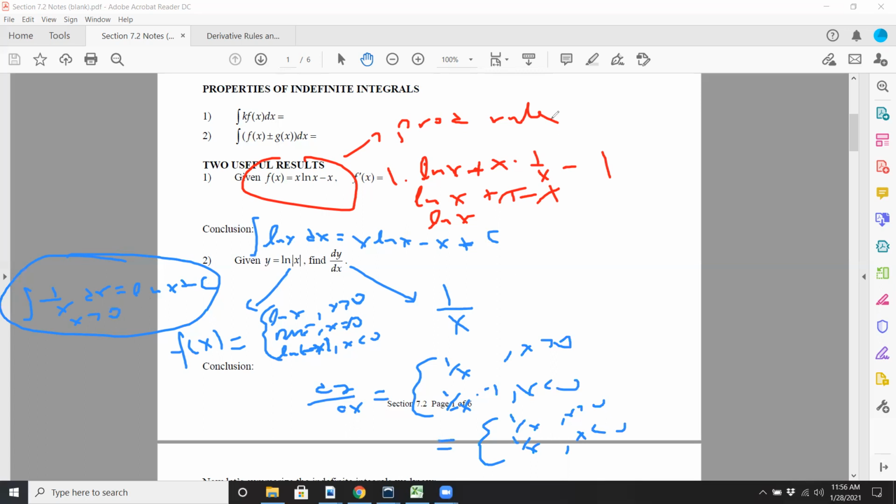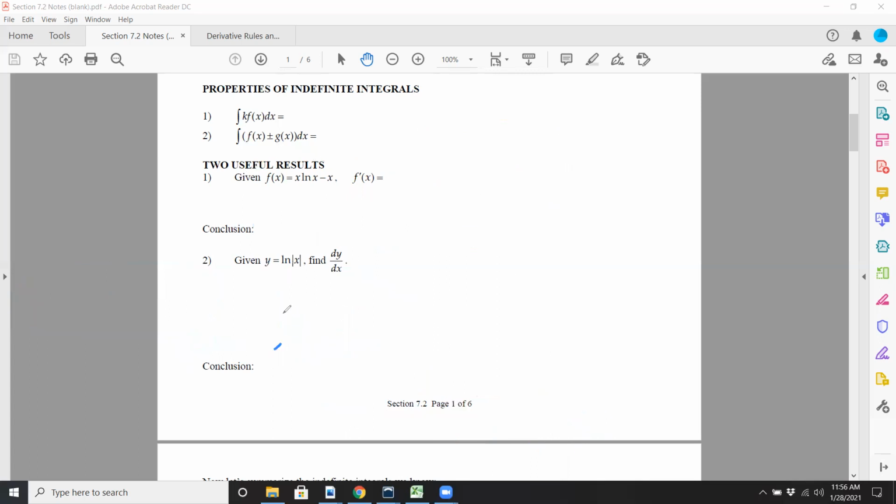Or you could just do this: the integral of 1 over x dx is natural log absolute value of x, then plus c. And again, up here, the integral, which I botched, my apologies, of natural log of x dx was x times natural log of x minus x. So that's what we're seeing there.